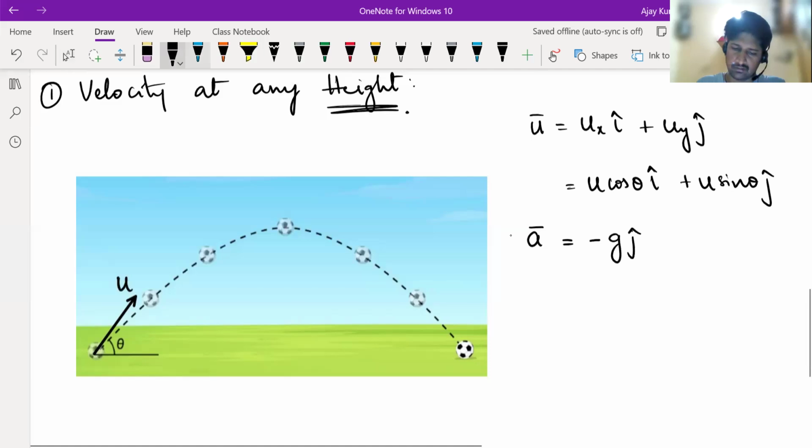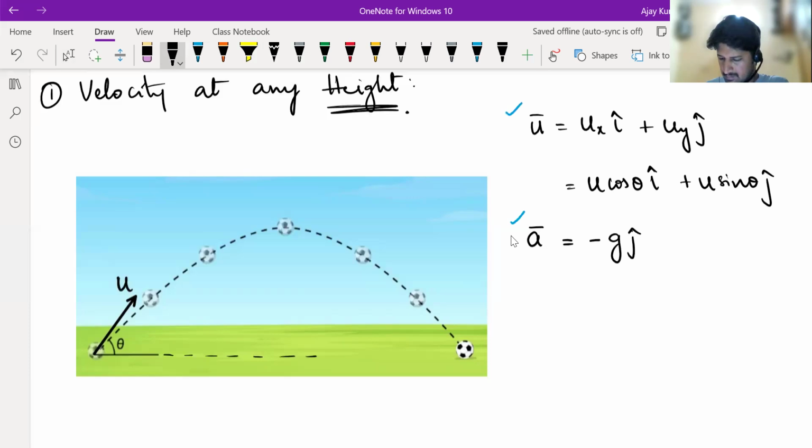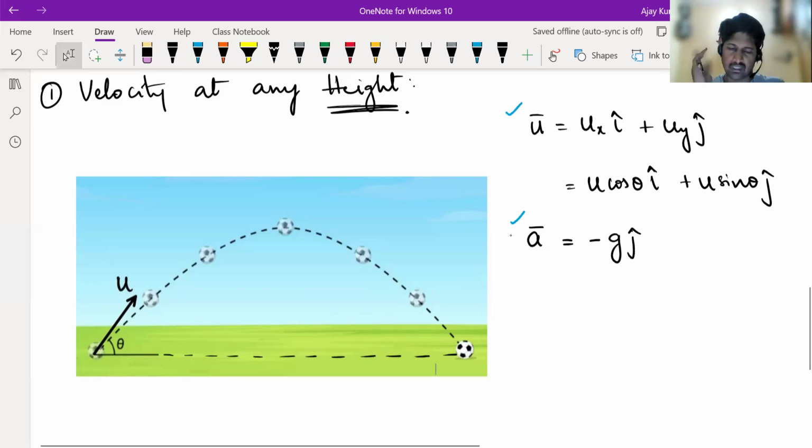Okay, so we know the initial velocity, we know acceleration, and we know it is starting from the ground level. Like we know the initial level from which it is projected. Okay. So our aim now is to calculate the velocity at a certain height. Let's consider this position of the ball.